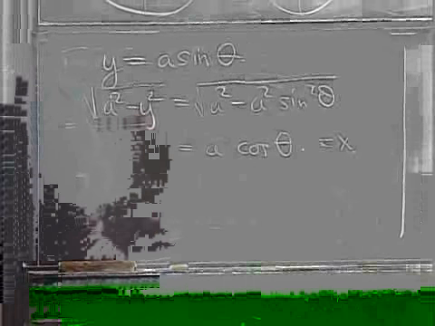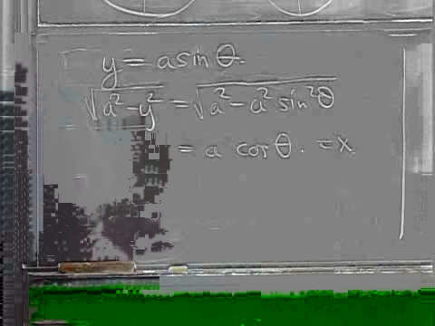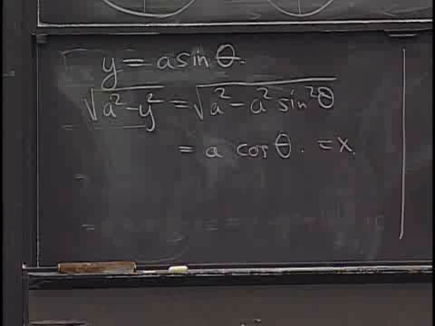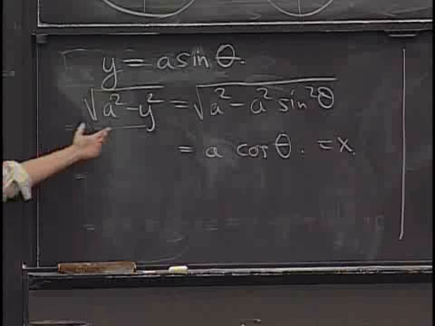It's also x. This is x. And this was x. So there are a lot of different ways to think of this. But no matter how you say it, the thing we're trying to integrate, the square root of a squared minus y squared, under this substitution, is a cosine of theta.